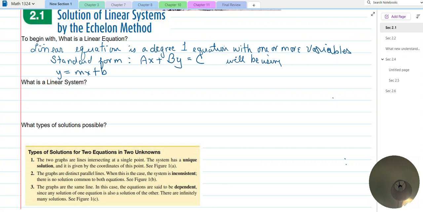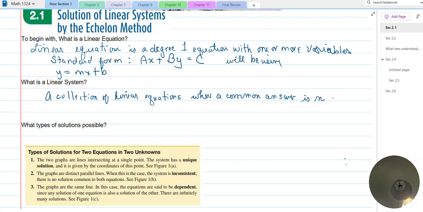So what is a linear system? It is a collection of linear equations where a common answer is needed.